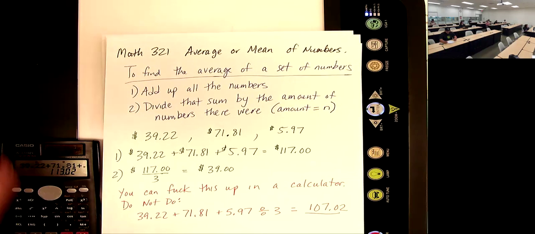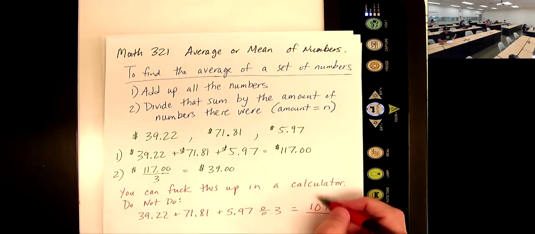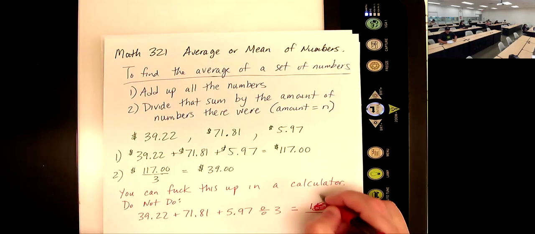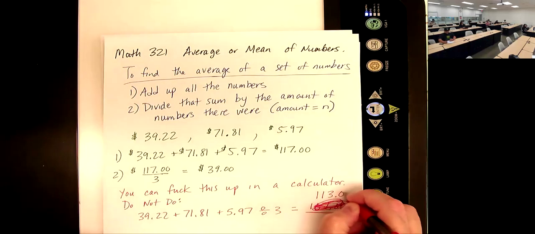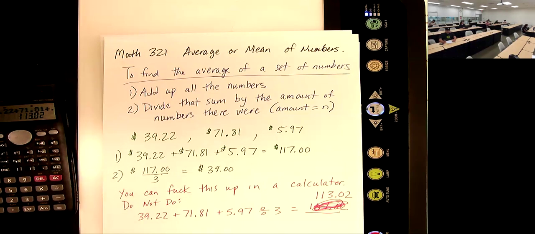Did I enter something wrong? Let's see. 39.22 plus 71.81 plus 5.97 divided by 3. I'm still getting 113. Did it on my phone, so that might be it, or you miskeyed a number somewhere. Did anyone else get 113?